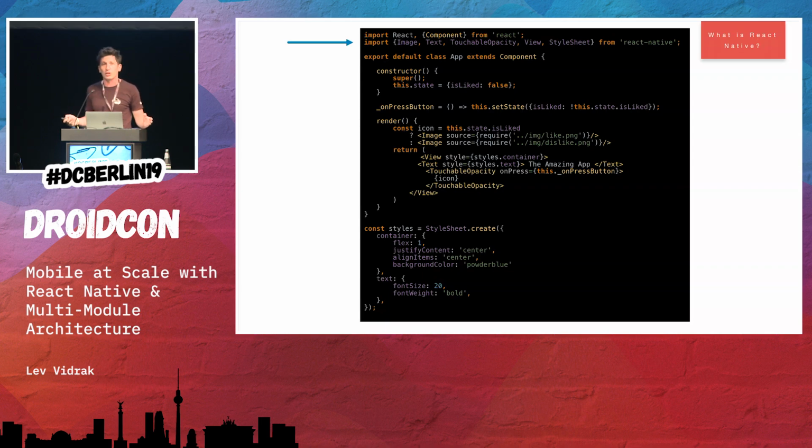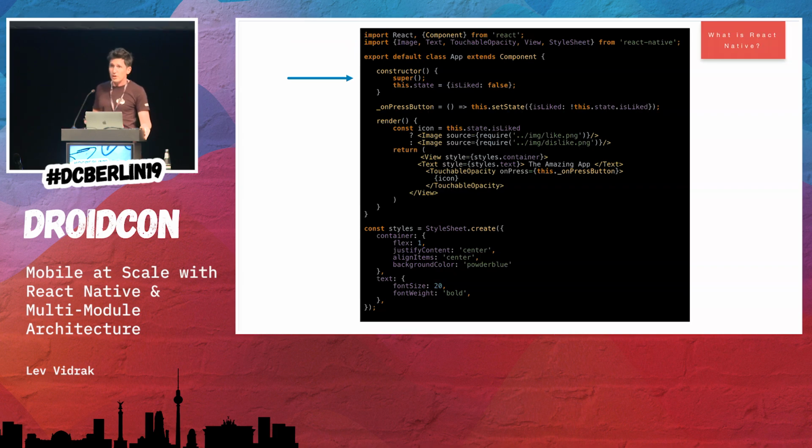First, we will import the components that we would like to use in our application. In this case, it's Image for images, Text for text. TouchableOpacity is something like a button. View is a kind of view group, some kind of container. And StyleSheet, it's not interesting for now.